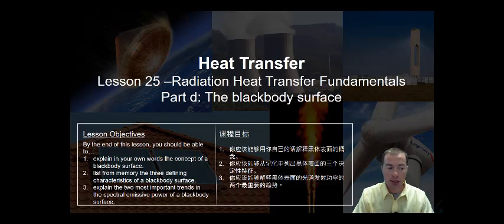You should be able to list from memory the three defining characteristics of a black body surface. And finally, you should be able to explain the two most important trends in the spectral emissive power from a black body surface. On with the lesson.